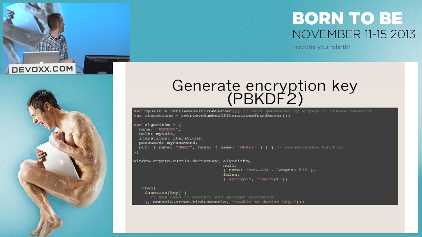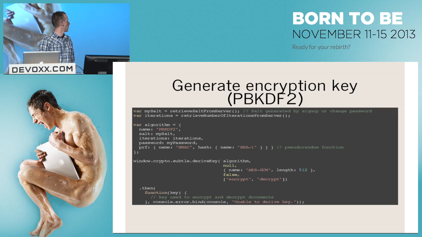We provide the salt, the iterations, the password or the passphrase, and then for this, you also have to provide a pseudo-random function. In this case, we're using HMAC with SHA-1. It's a particular RFC in which it is specified that this is a secure way to do that. So instead of generating the key, we derive the key, specifying the algorithm which we defined above.